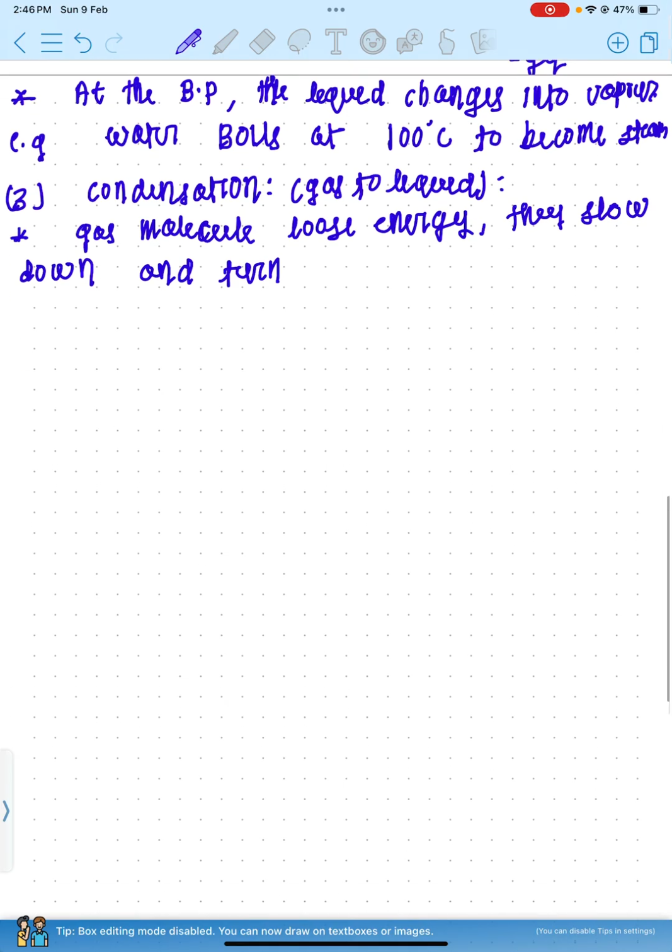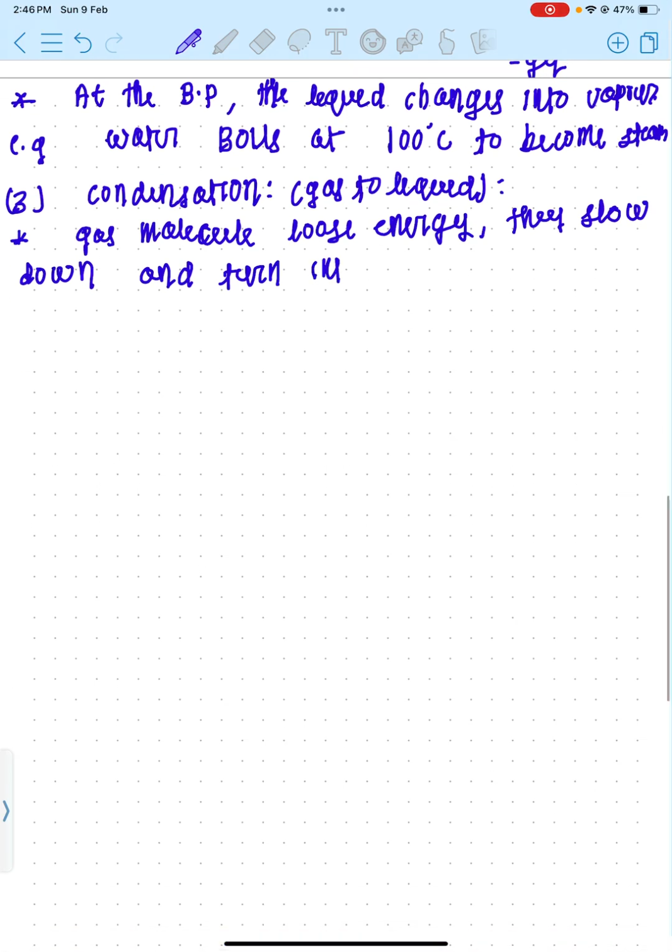Right? Now the fourth point is freezing, which means liquid to solid. So when liquid is cooled, what happens at that time?